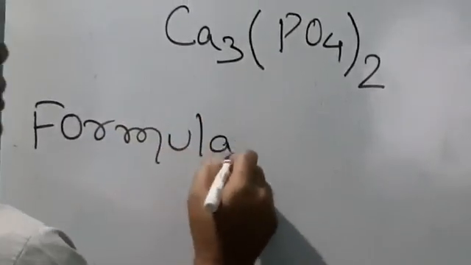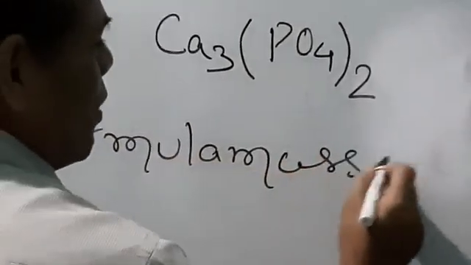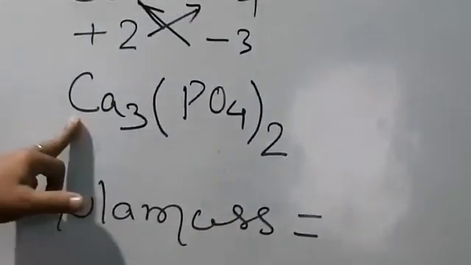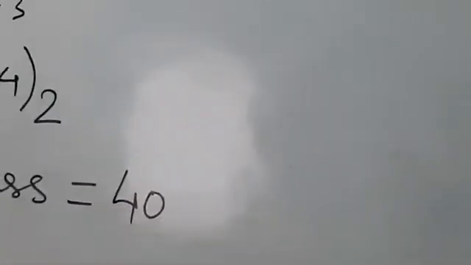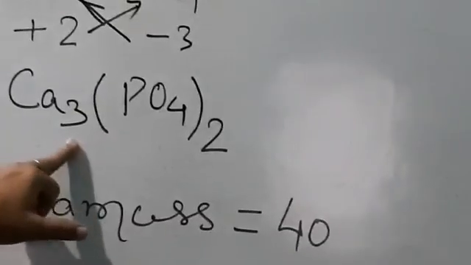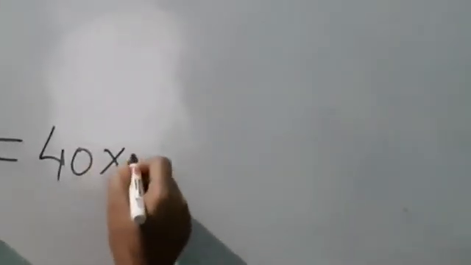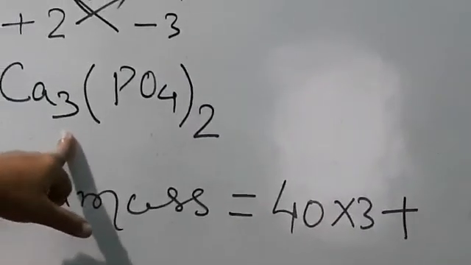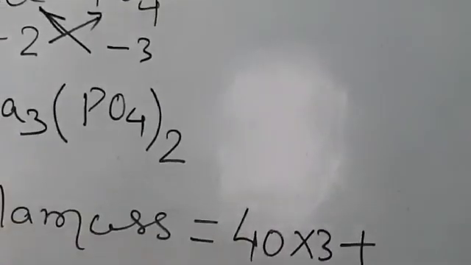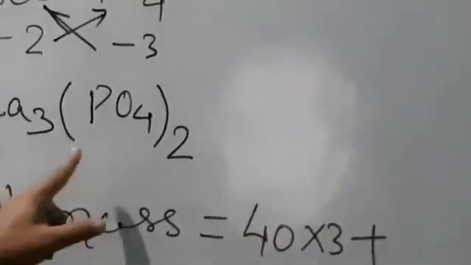Now there is a need to find the formula mass. Formula mass equals, now we have calcium. Calcium has atomic mass 40. How many calcium? 3. So 40 into 3 plus. When we go from one element to another element, there is a need to put the plus sign.